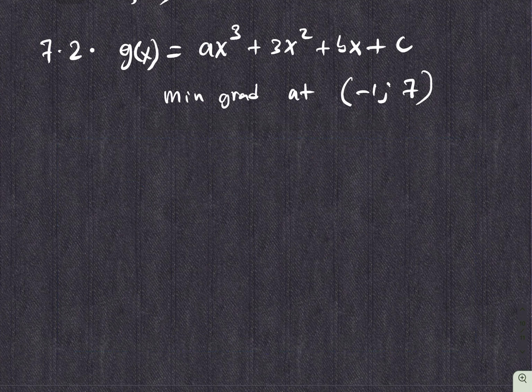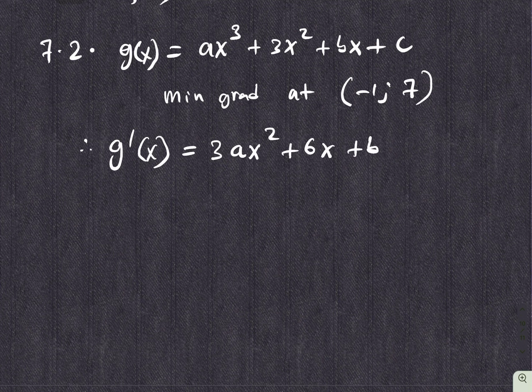So how do you then do that? The gradient is going to occur at the second derivative, right? So I'm going to get the first derivative. That is really going to give me 3ax squared plus 6x plus b.